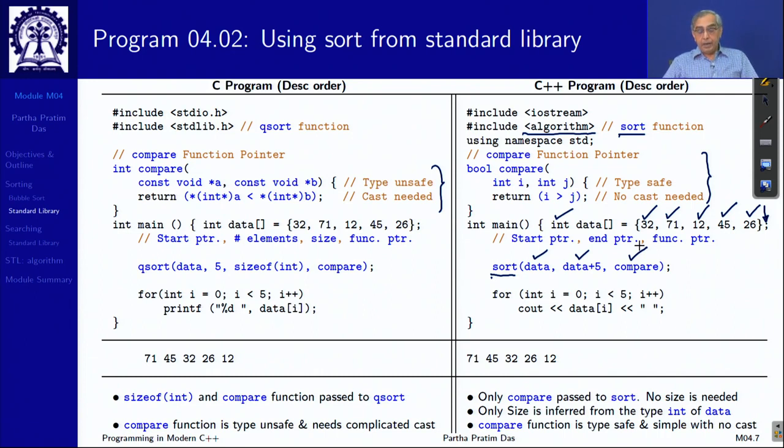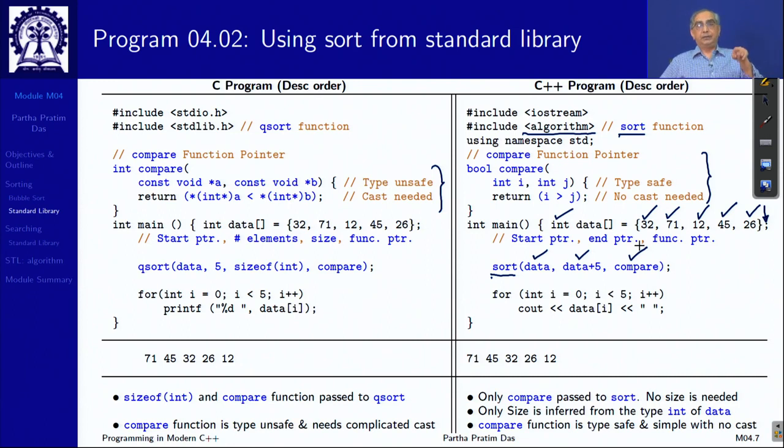Why? Because in C++ it knows the type of the array data, and it uses some trick in writing the sort function, a trick of templates as we will see later, so that the compiler can generate an appropriate sort function for you from the templatized code given in the algorithm.